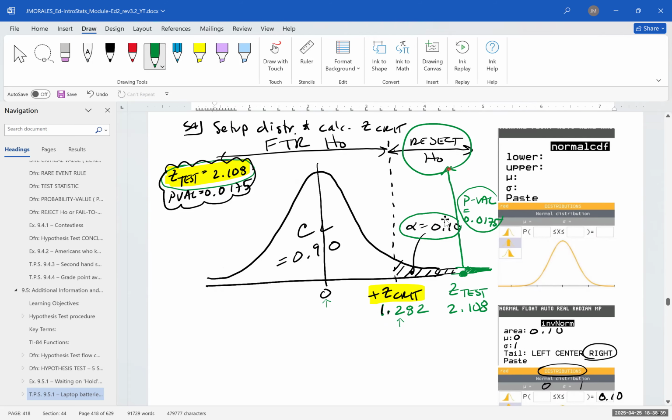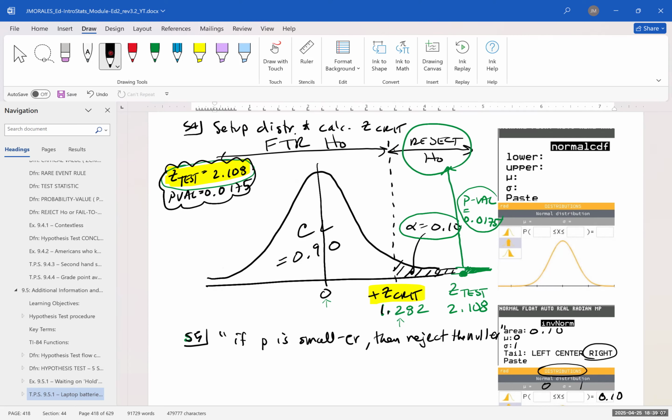Okay, but we're actually done with step 4. Step 4 was just to draw and illustrate all this. Step 5 is to make this determination. If p is smaller, then reject the null.